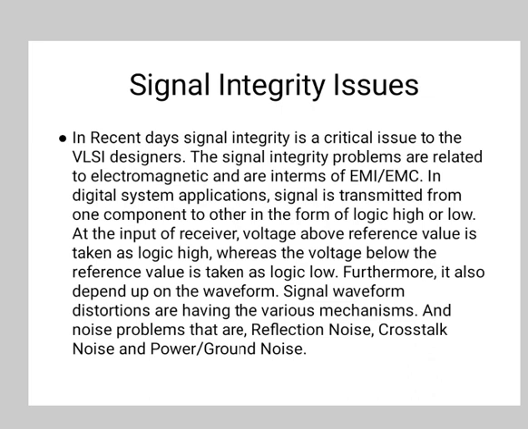Power and ground noise is due to the parasitics of the power or ground delivery system during a driver's simultaneous switching output. It is sometimes called ground bounce, delta I noise, or simultaneous switching noise.